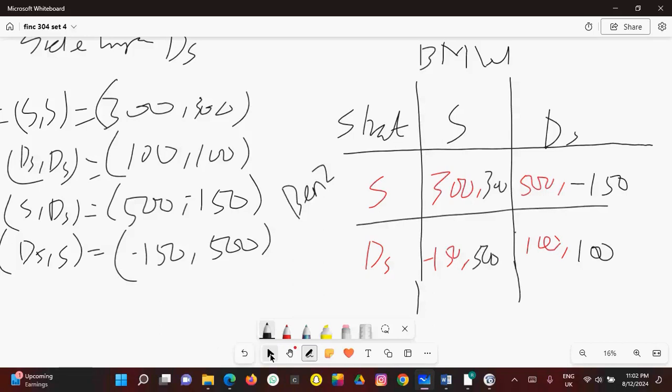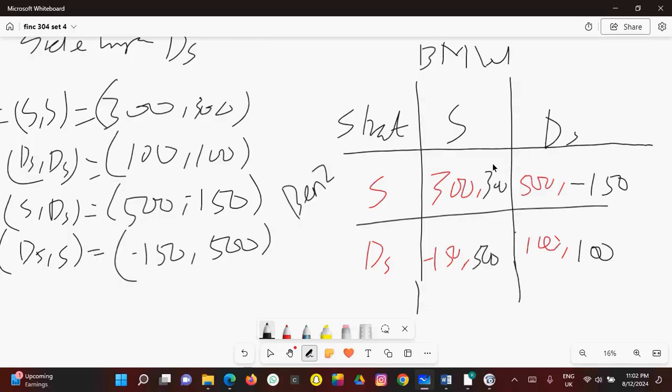Okay. So now let's check whether there is a dominant strategy. Let's check from the perspective of BMW. If Benz chooses to make the side impact airbag, BMW can choose between 300 and then negative 150.